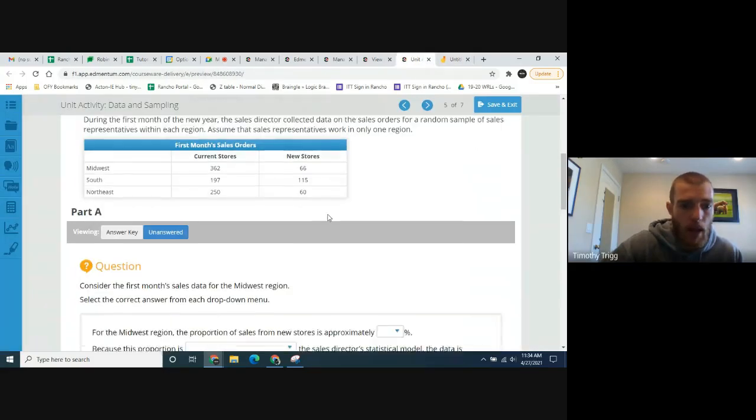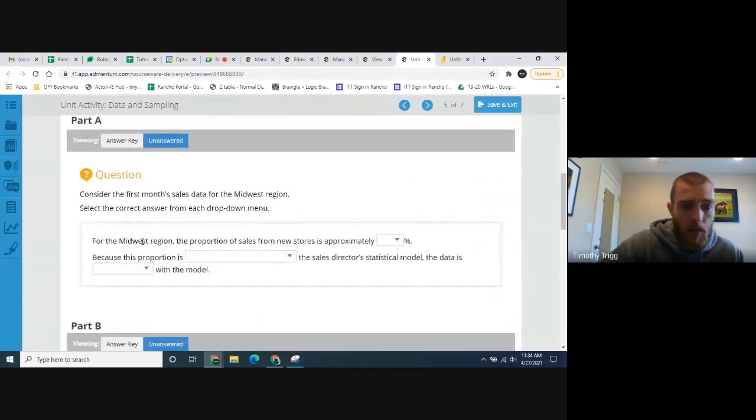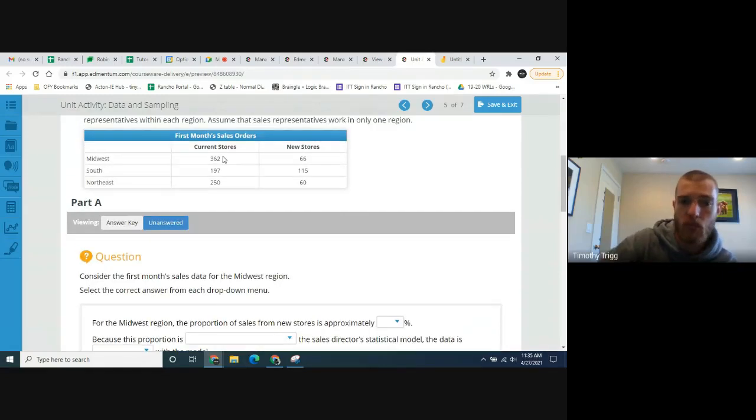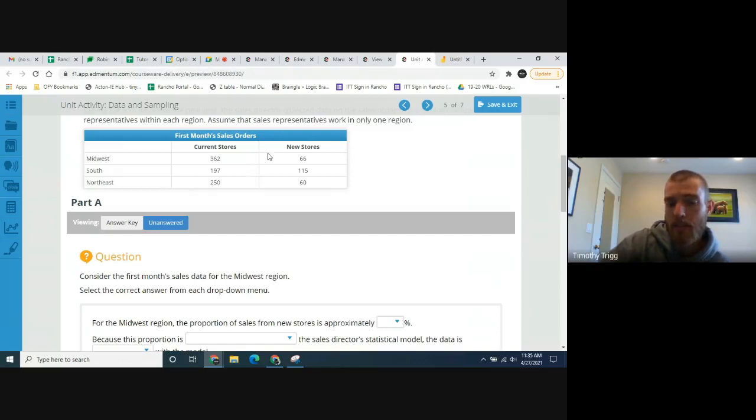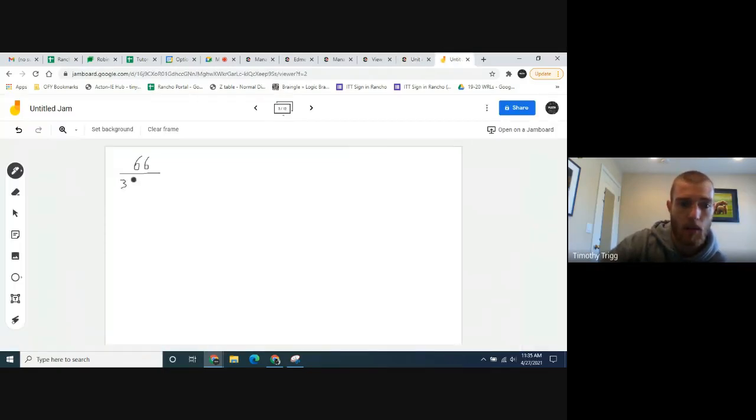For the Midwest region, the proportion of sales from new stores is approximately, so how much was from new stores? Well, 66 were from new stores, so 66 out of, and we want the total. So the total is these two added together, 362 plus 66. So this is how many orders are from new stores, and how many total orders.